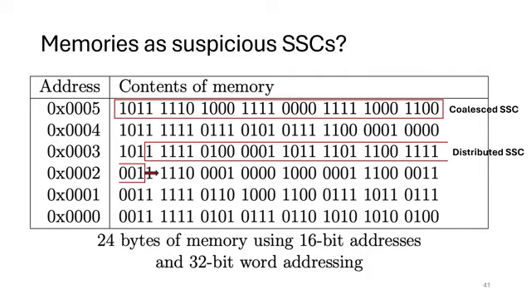But if you can access memory unaligned, as you'll see by this distributed SSC example, you could have a single coalesced component for every word size window of memory. And so basically you have to shift this window over the memory, and each word length window could be its own state saving component. So you have to test all of them.